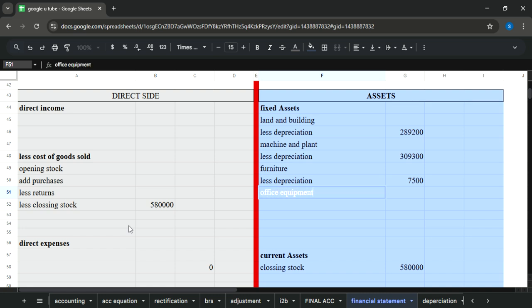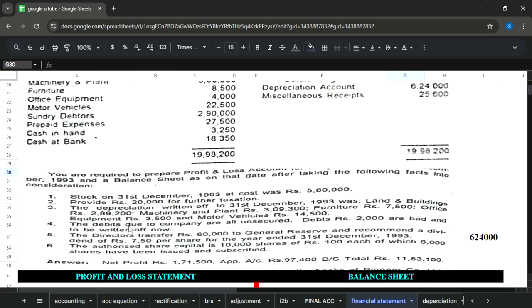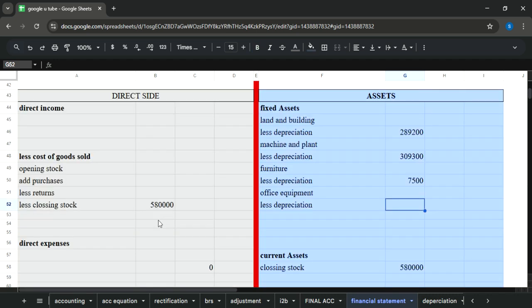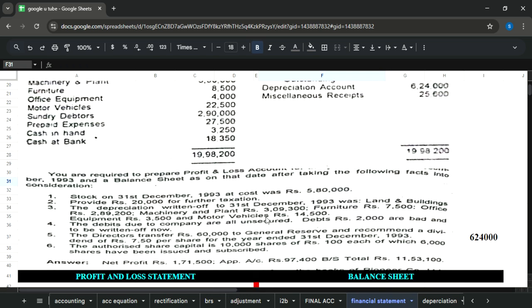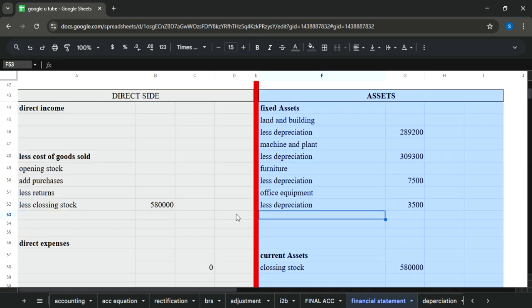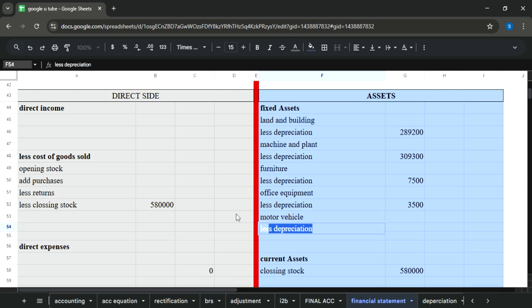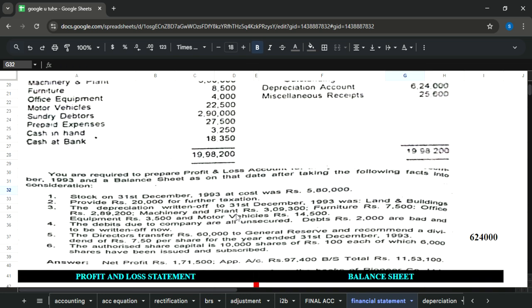And we will subtract its depreciation, and office equipment depreciation is 3,500. Put it over here. After office equipment, last is motor vehicle, and we will subtract its depreciation, which is 14,500.